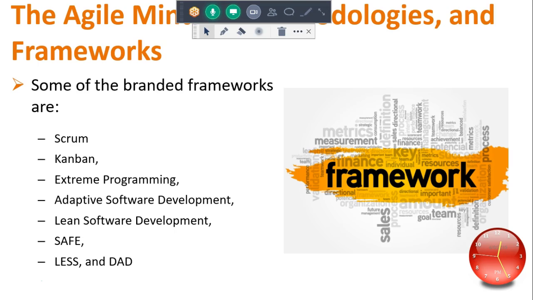But the key is that you're only allowed to have a certain defined number of tasks in any given state at any given time. For instance, you may say, for my development team, because of our resources, we're only allowed to be working on 3 items at a time.